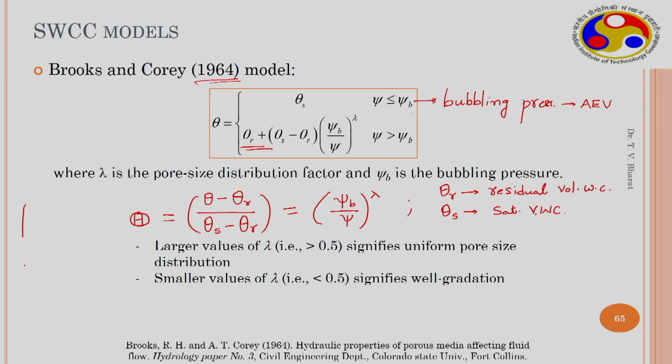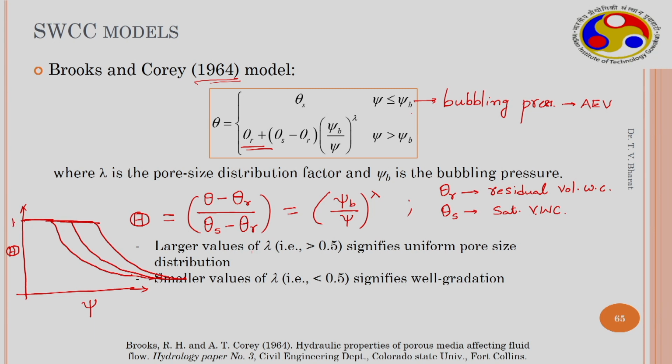So when we plot the big theta, that is the normalized volumetric water content, and on the x axis you have psi suction, then for different values of air entry value, this is how it varies.